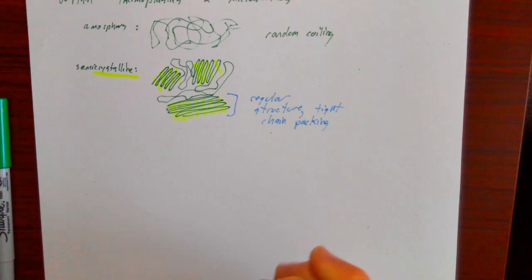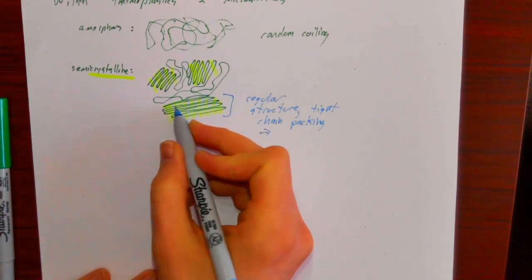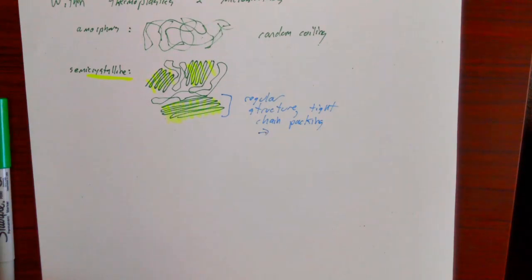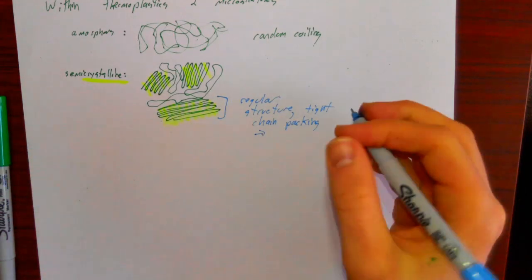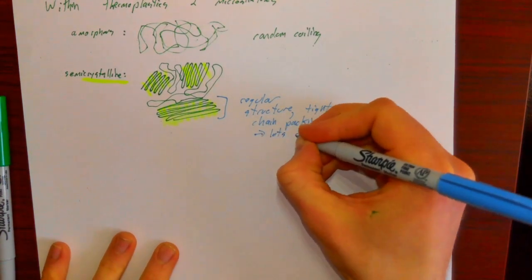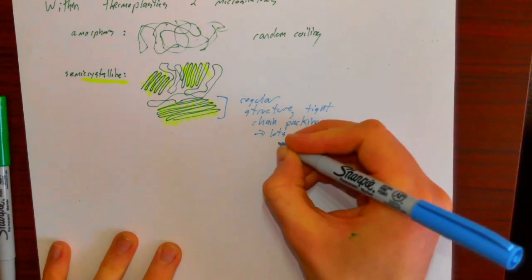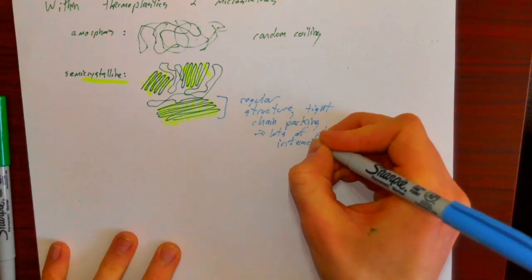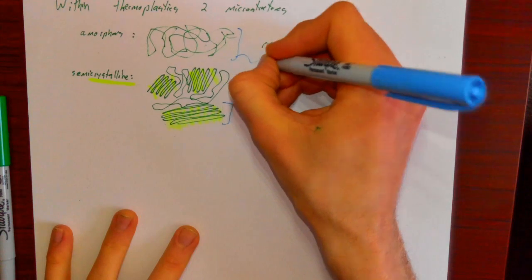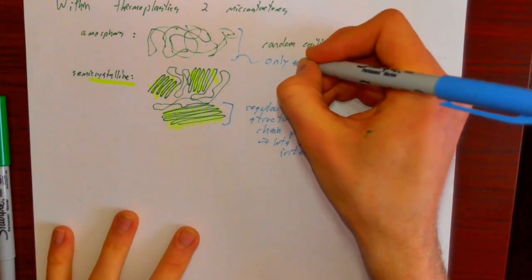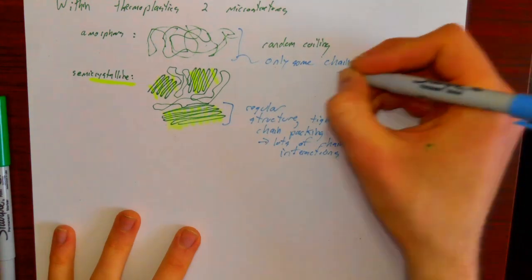So with this tight chain packing, we can get numerous and relatively strong chain interactions, right? So we get lots of chain interactions. And here, we still have some. So we have only some chain interactions.